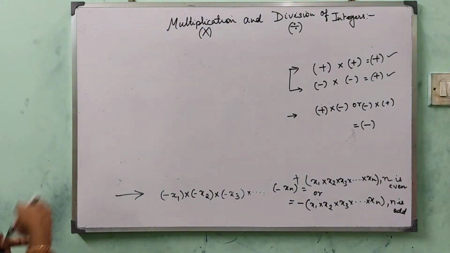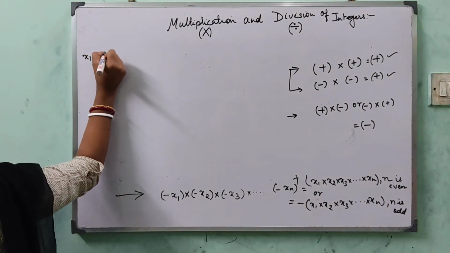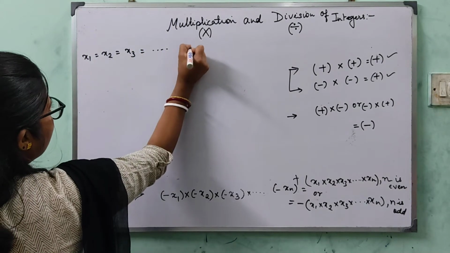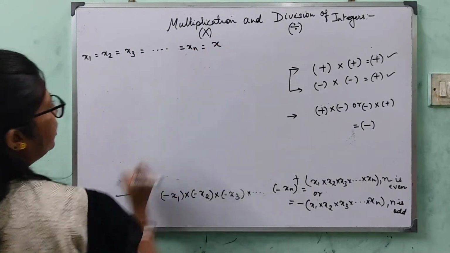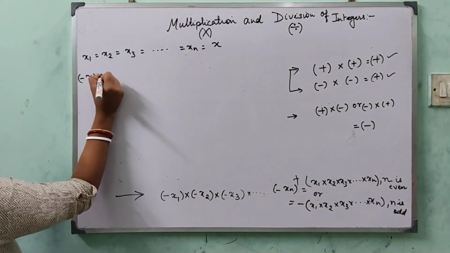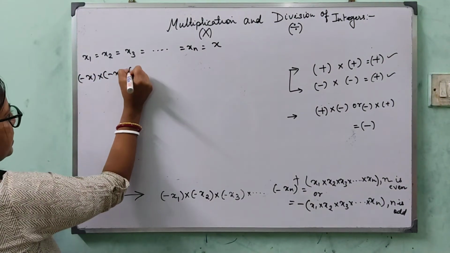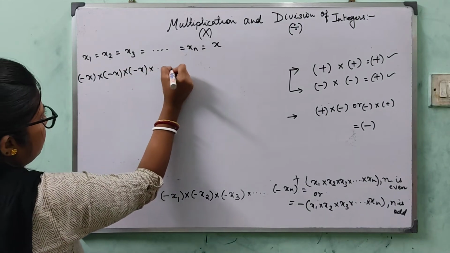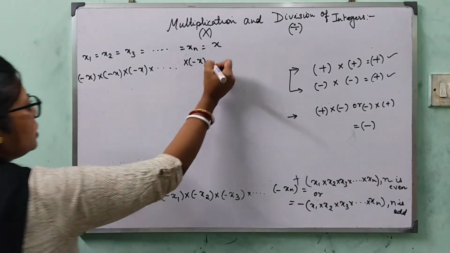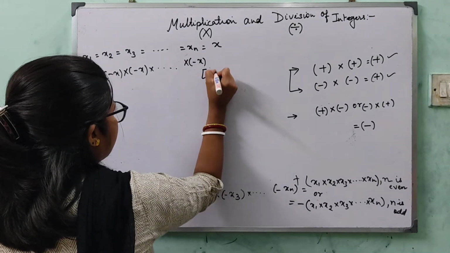Now in case your x1 is equal to x2 is equal to x3, meaning all these are, say, in general equal to x. They are the same. That means minus x into minus x into minus x into minus x, say n times we have this.